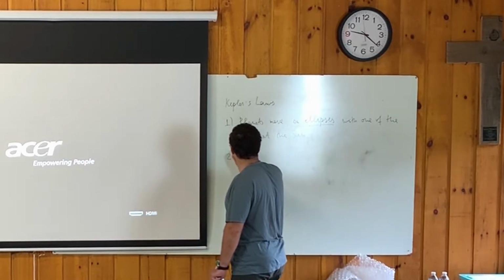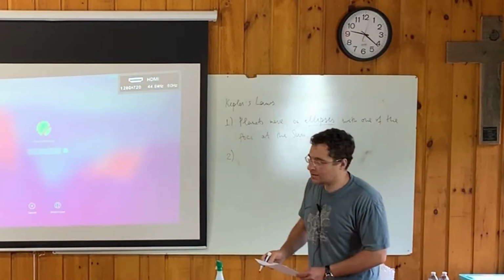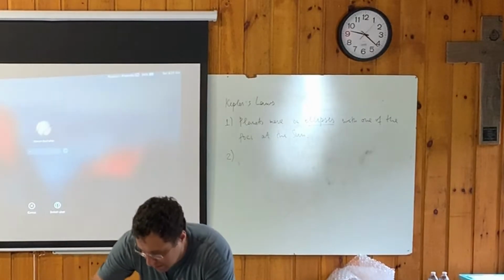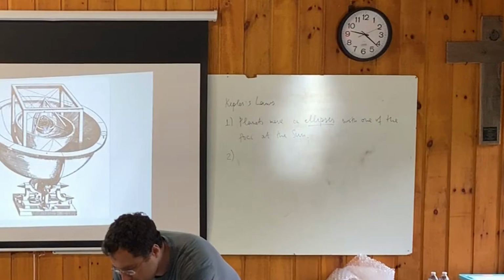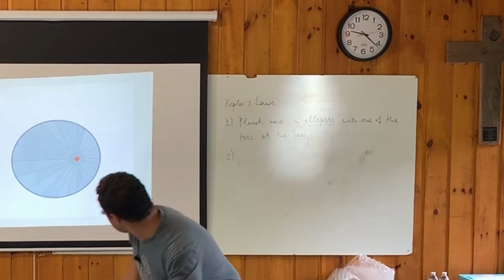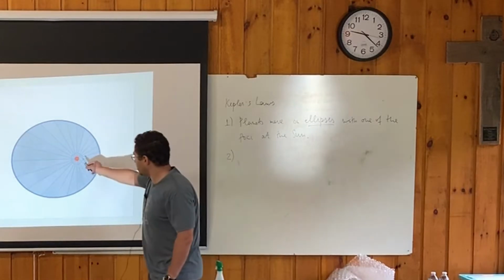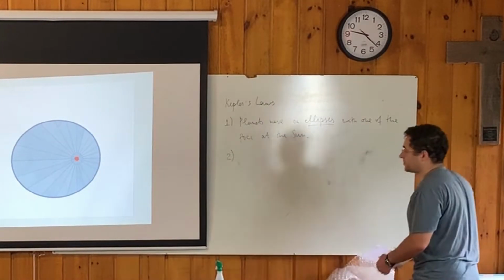Yeah, and it's actually a very appropriate time for the next picture. So this is a schematic picture. This is the sun at the center, and the planet moves on an orbit like this.